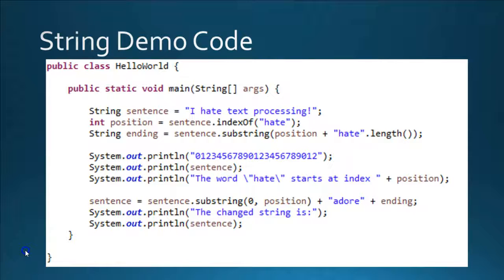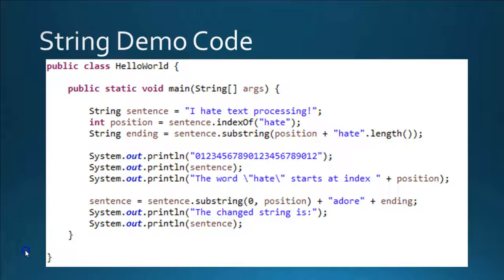Sentence equals sentence.substring 0, comma, position, plus, quote, adore, quote, plus ending. System.out.println, the changed string is, and System.out.println sentence.